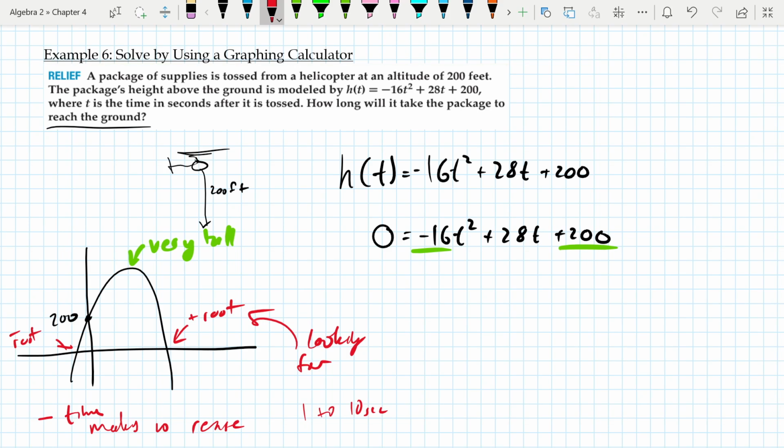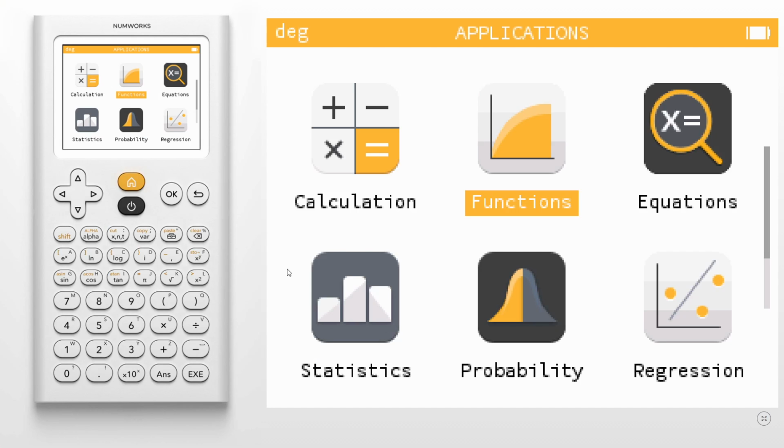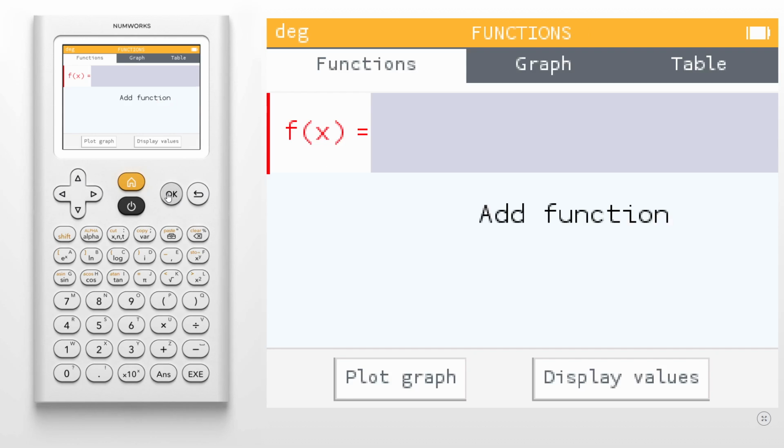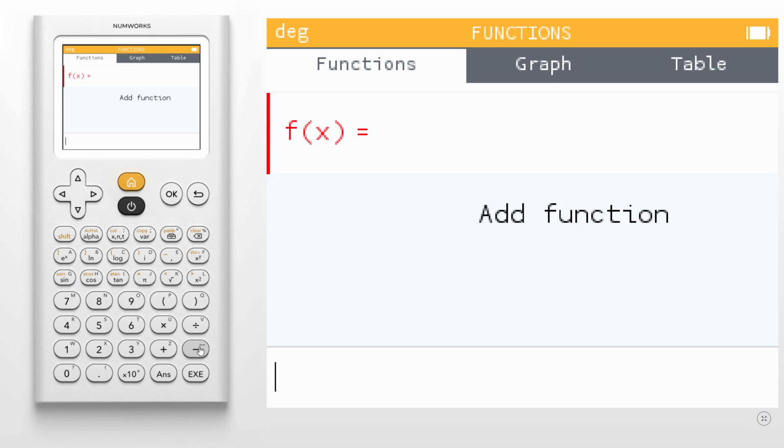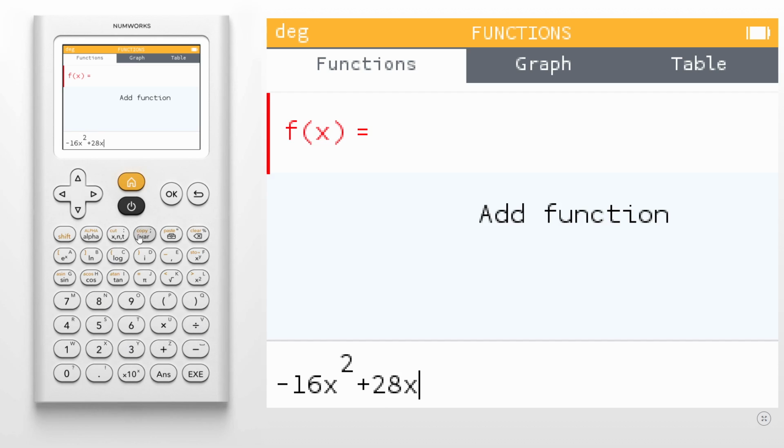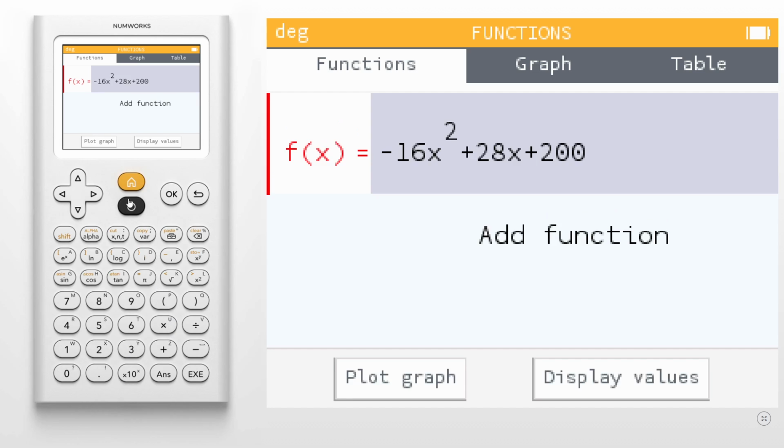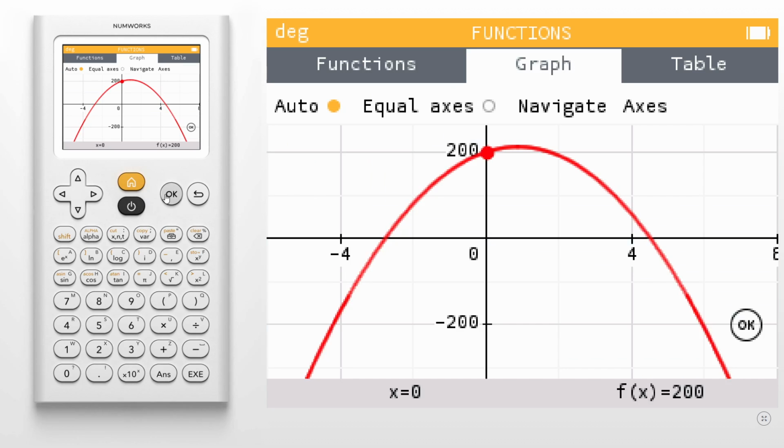Well, we just go to our NumWorks and we go to the functions, click OK. We edit our function here and we type it in, negative 16 x squared plus 28x plus 200. Click OK. And we're going to plot the graph.